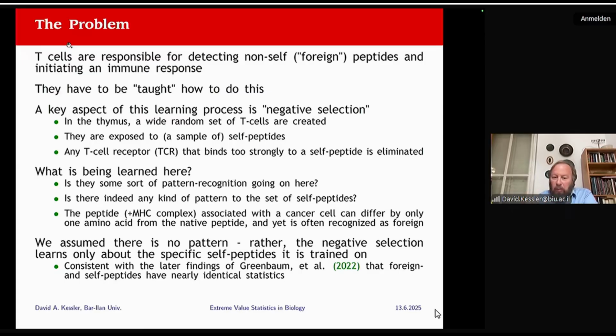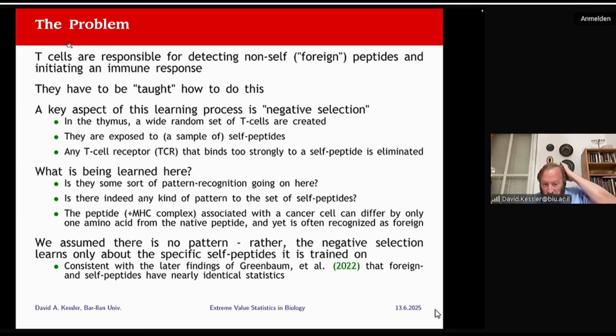So it maybe differs by one, maybe two. And yet we know that not rarely, the body is able to recognize this, what's called the neoantigen, as being a foreign protein, even though it's 90% similar, identical to a self-peptide. So that tells you how complicated this problem is.